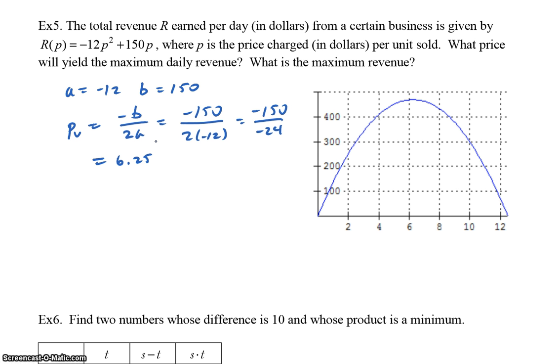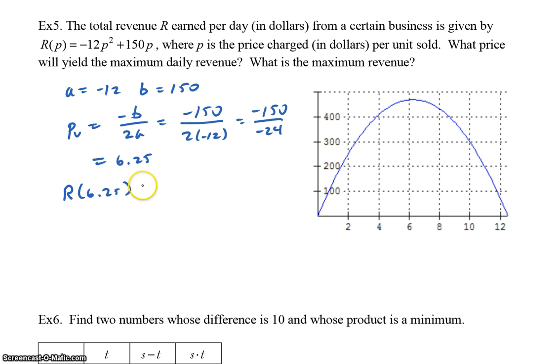Now again, a is negative, so the value of the y-coordinate of the vertex would be the maximum value of the function. So that would be determined by substituting 6.25 into the revenue function.